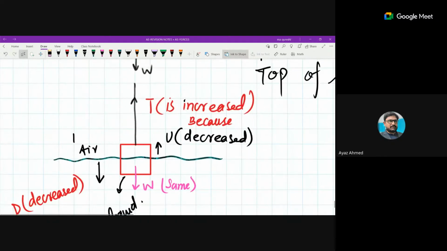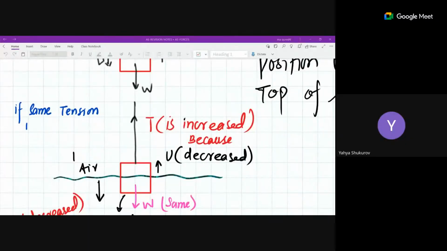So here, if the same force is applied by the driving agent, what will happen? If the driving agent is applying the same force, then what will happen?